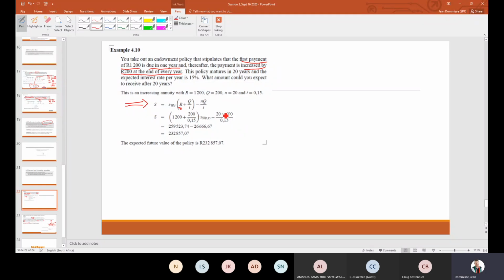So for the 20 periods, the 200 rand and the interest rate component, you will take off again. Okay, and that is then your expected future value. So let's quickly check. I want to get to that answer with a calculator. This one we can calculate by that formula.